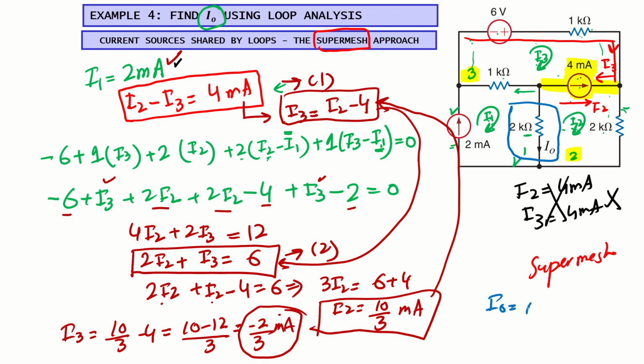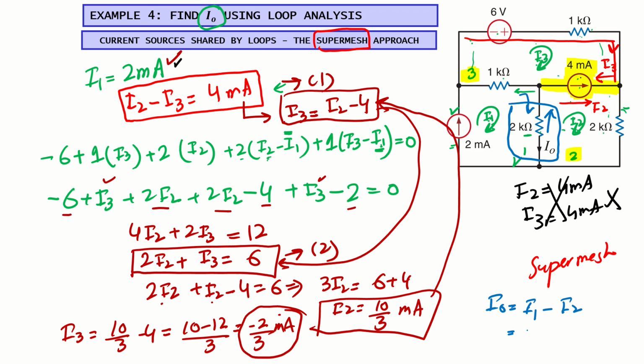So we can write this as I1 minus I2, because I1 is coming this way and I2 is going this way. So the actual direction is downward, that's why I wrote I1 minus I2.